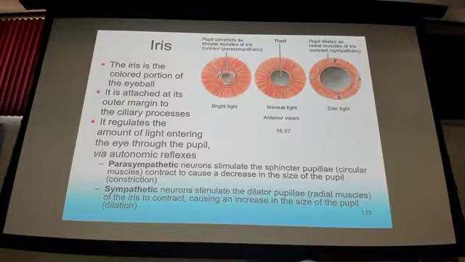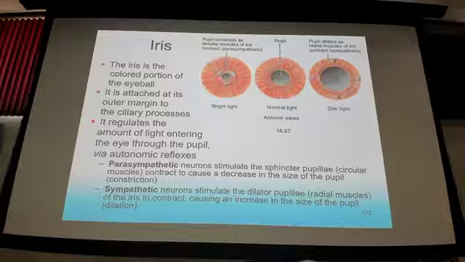Another thing, since it's part of it, is the iris. The iris is the colored portion of the eyeball, but the iris is all actually muscles that can contract. So the outer margins of the color of your eyes are attached to those ciliary processes. So it's all part of this layer.